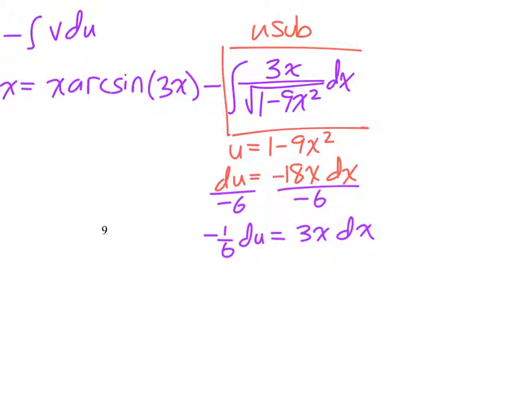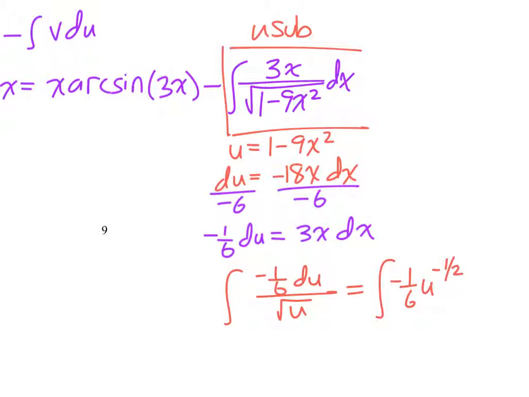I already kind of boxed off the integral, so I'm just going to work with it as is. I'll do it in red. We're going to have a negative 1 over 6 du, replacing my 3x dx, over the square root of u. That's the same as saying, and you could skip steps obviously for the simple algebra, negative 1/6 u to the negative 1/2 du.